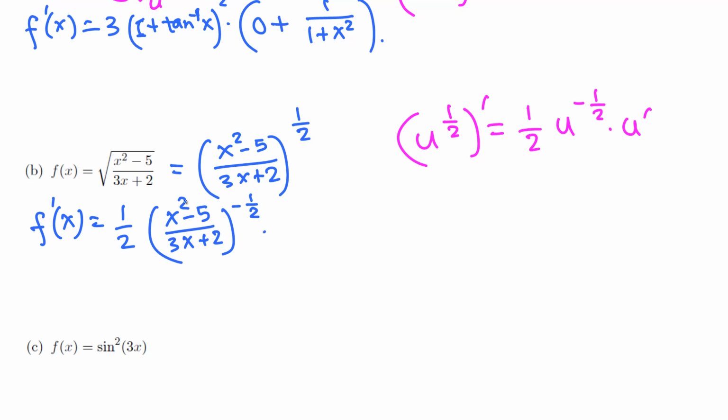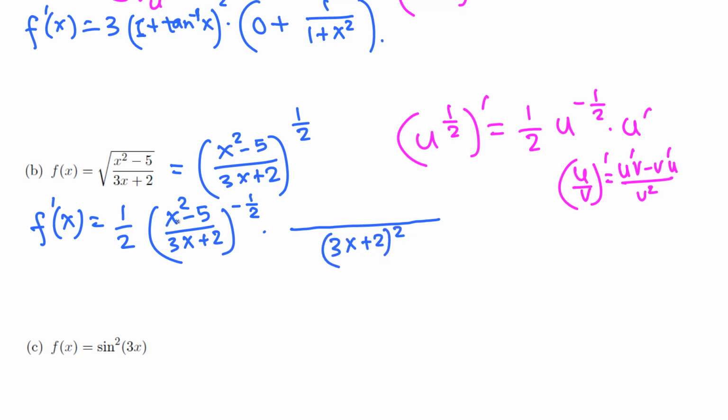And this inside function happens to be a fraction, so we must use the quotient rule. Like u over v. Whenever we have u over v, a quotient, the quotient rule is u prime v minus v prime u, over v squared. So the bottom is v, so v squared on the bottom.